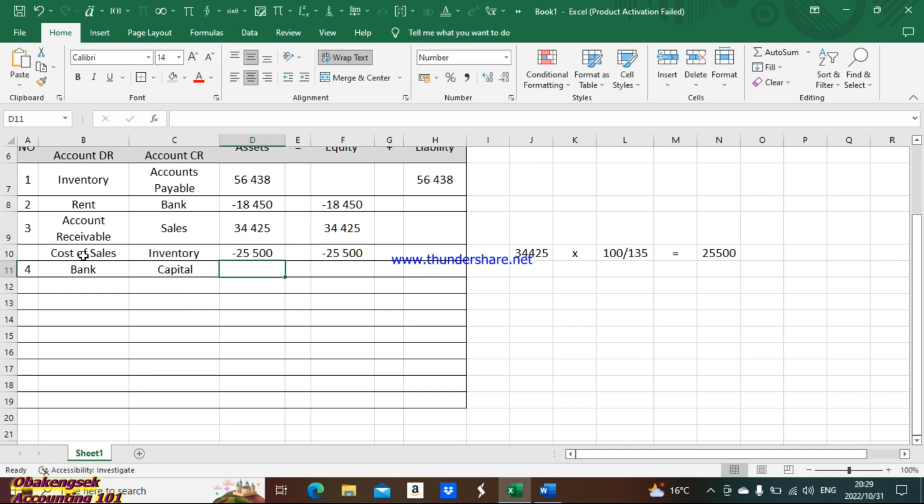His capital will increase. Capital is an equity. Most equities increase on the credit side. Incomes increase on the credit side, whereas expenses increase on the debit side. Your assets increase on the debit side, your liabilities increase on the credit side.